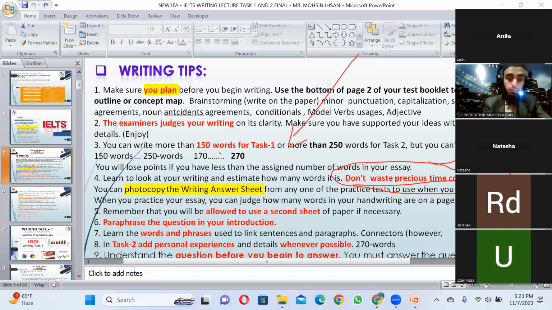Either it is 150, or oh my god, it is 159, I should write one word more, what should I write, I should write the end. No, do not count that in the real exam. In practice time, in the following days, you can count. You should count, and you should make a kind of estimate in the real exam. Rather, you should be focused on your content, on what I am supposed to write.